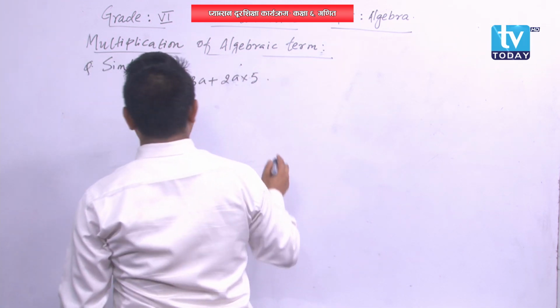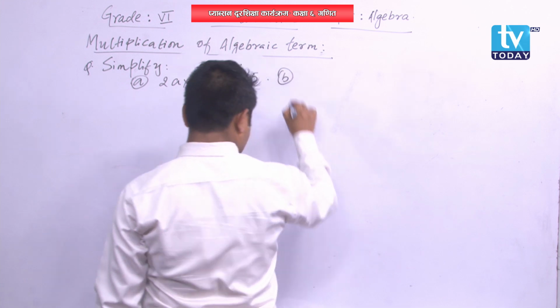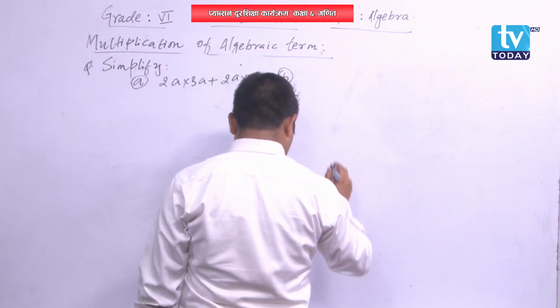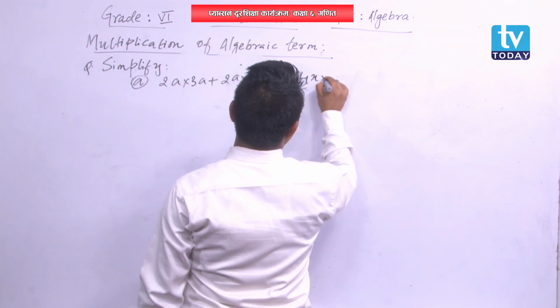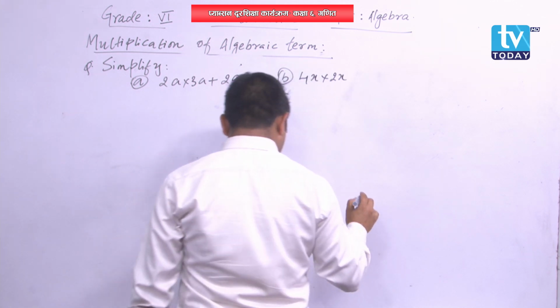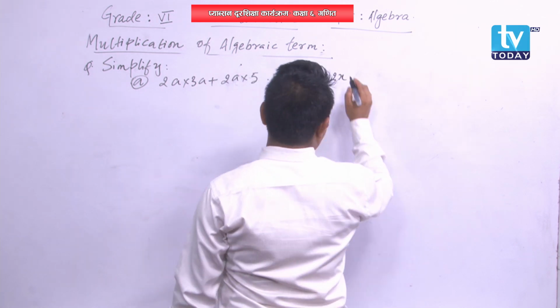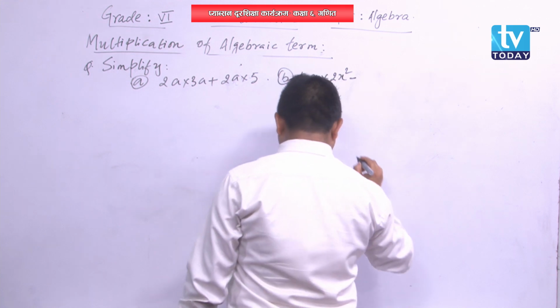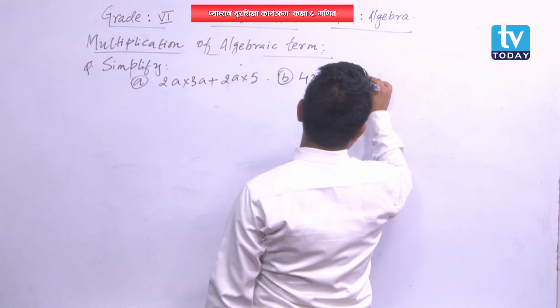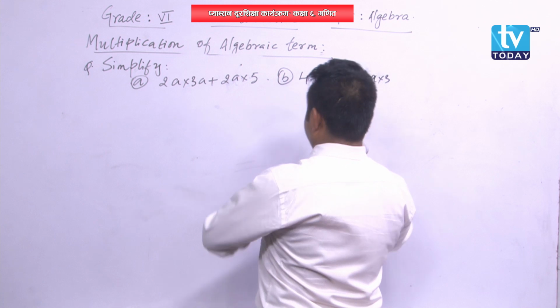And another question, let's write B: 4x into 2x square minus 4x into 3.